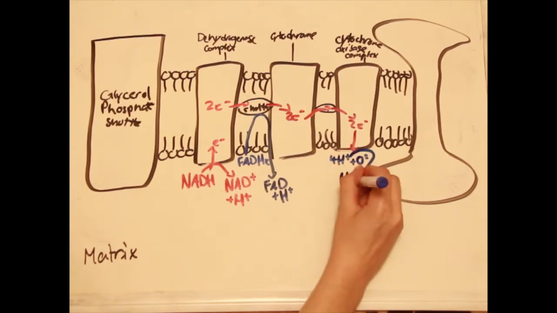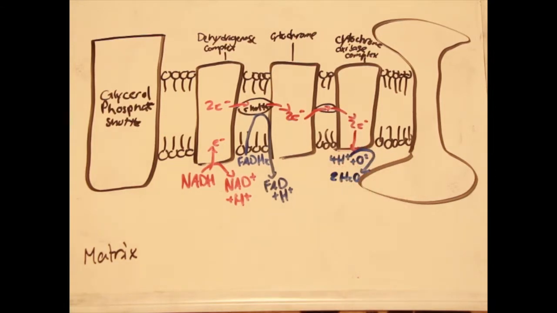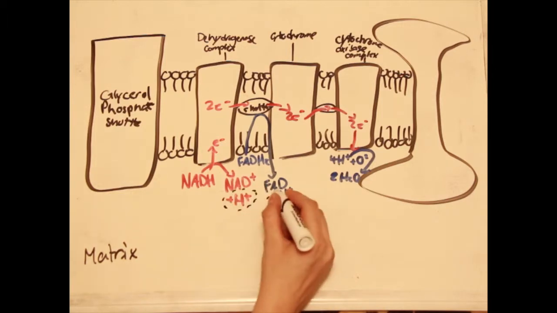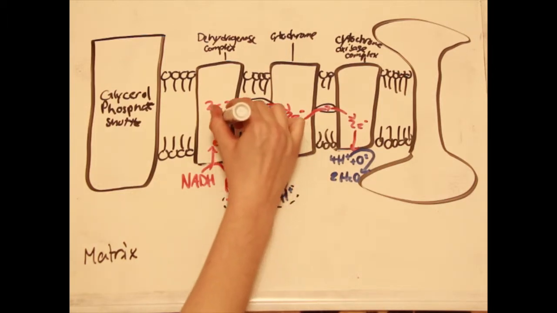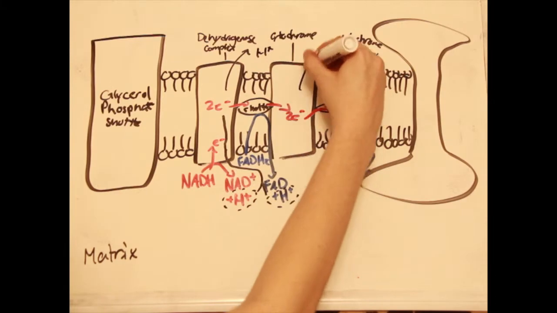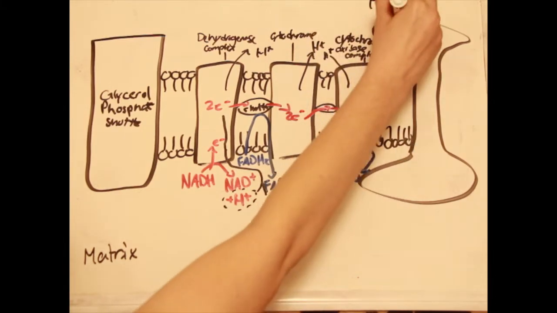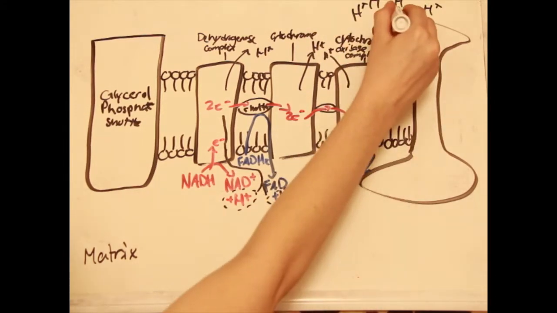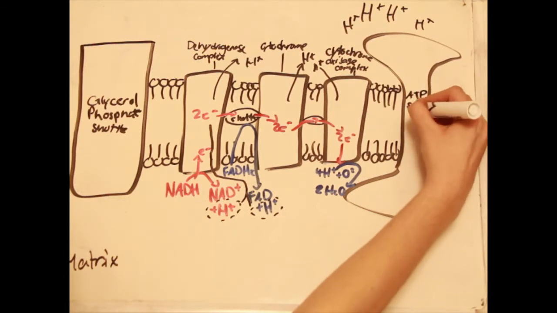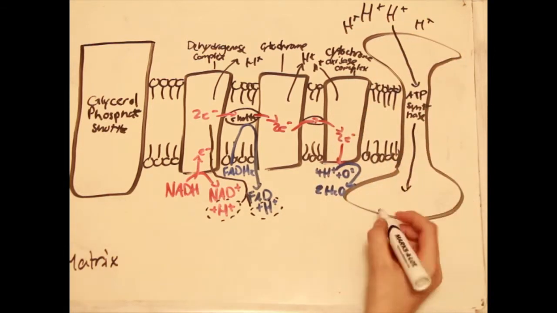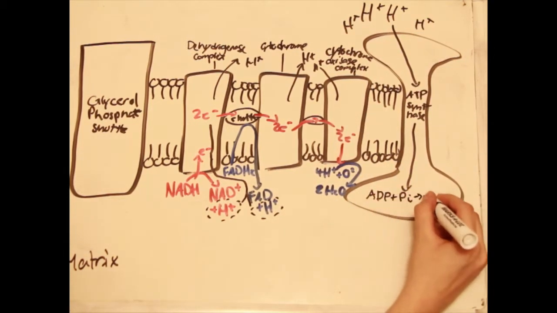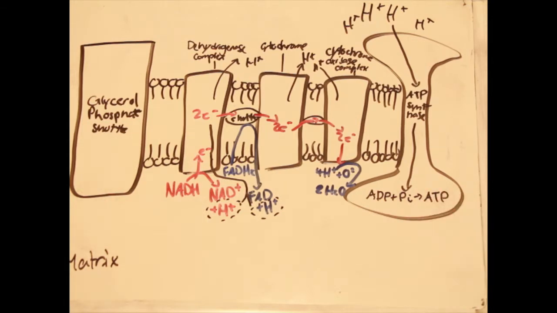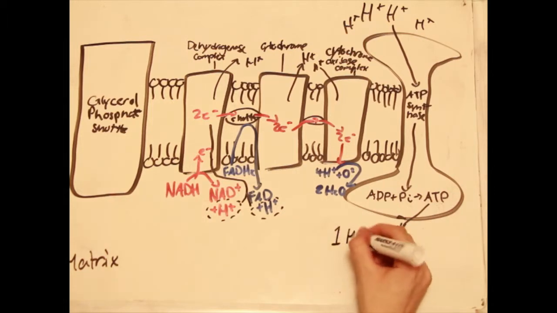Electrons are passed to the second shuttle called plastocyanin. Plastocyanin brings electrons to the cytochrome oxidase complex, where the electrons leave the protein and go into the mitochondrial matrix. The electrons enter the matrix where oxygen, the final electron acceptor, and 4 hydrogens form with the electrons to make water, which helps to keep the concentration.